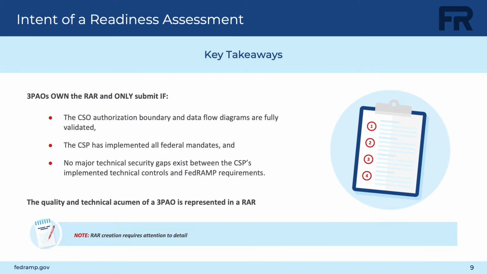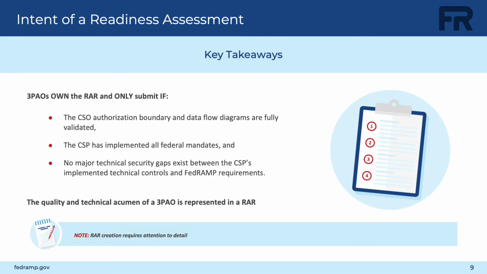Now that we have set the foundation for the Readiness Assessment Report and discussed the RAR's intent, key stakeholders' roles and responsibilities, and outlined the RAR's audience, it is important to emphasize the following. The 3PAO has ownership of the RAR and is fully responsible for its content.